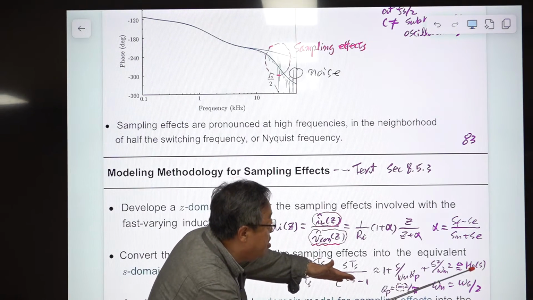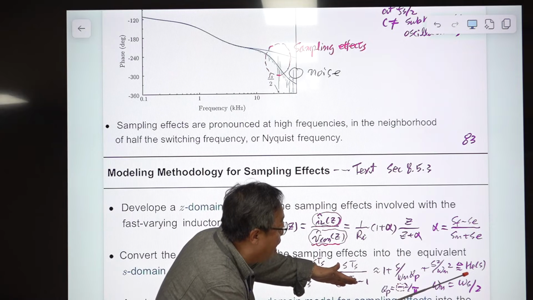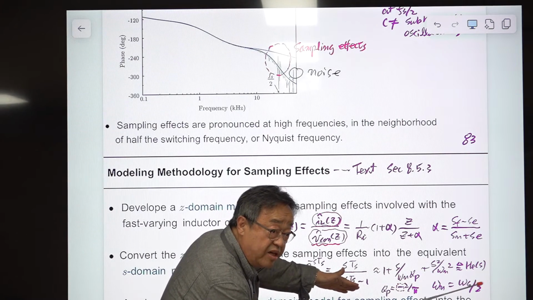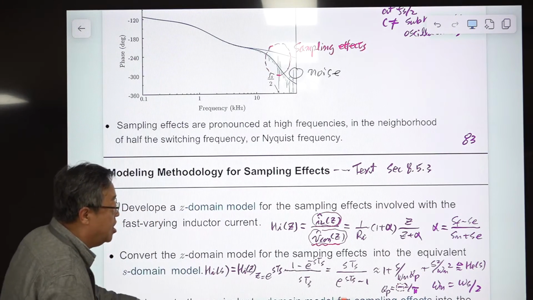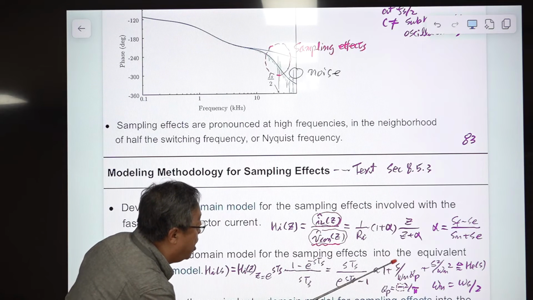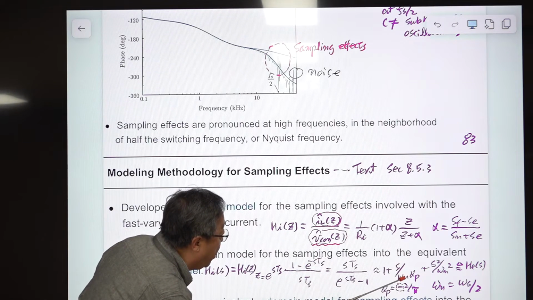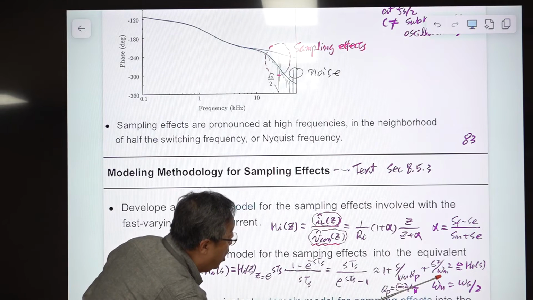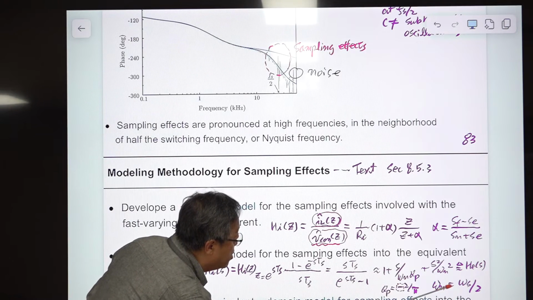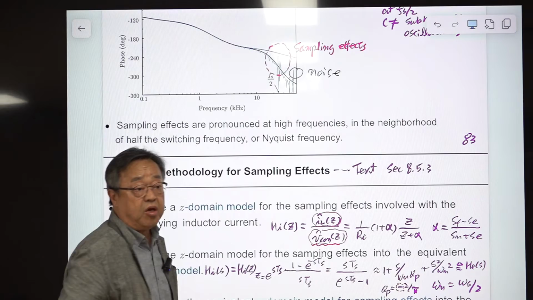He denoted it as He(s). But the interesting thing here is this is s divided by omega n. Omega n is the double pole frequency. Omega n is here, and omega n is given by half the switching frequency.